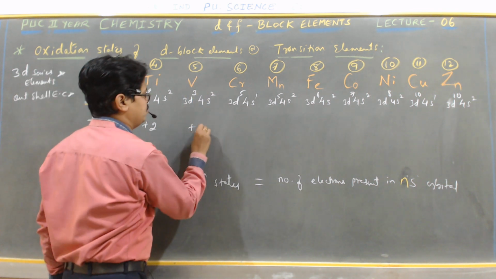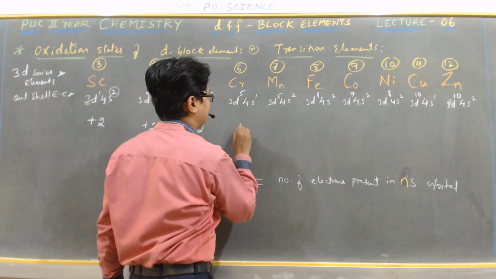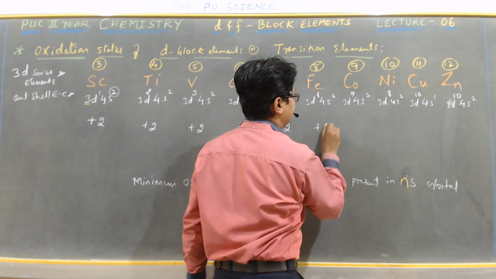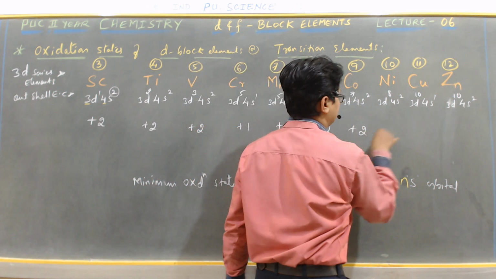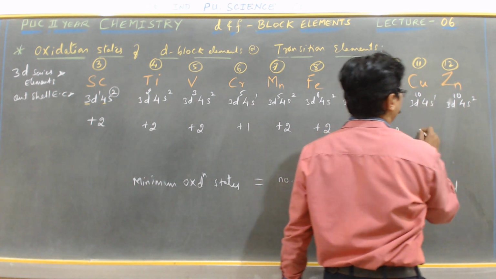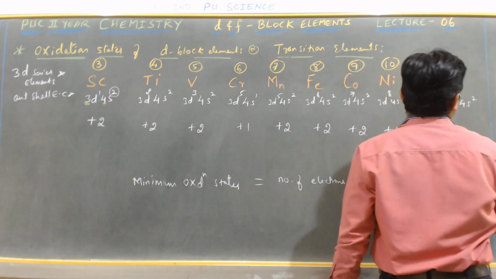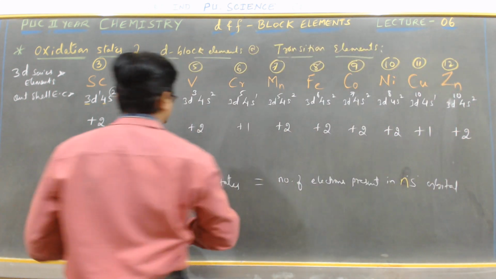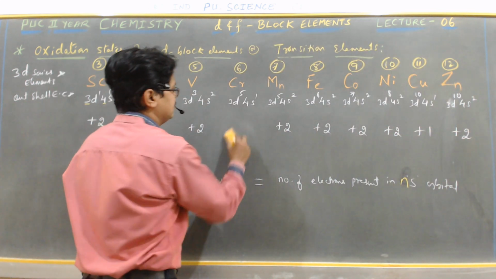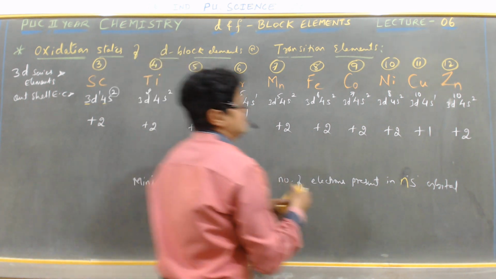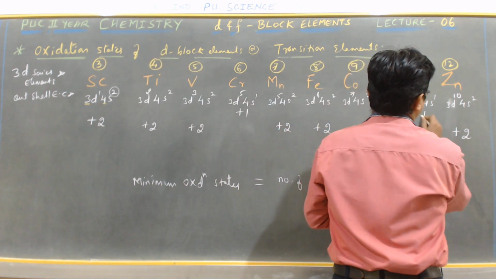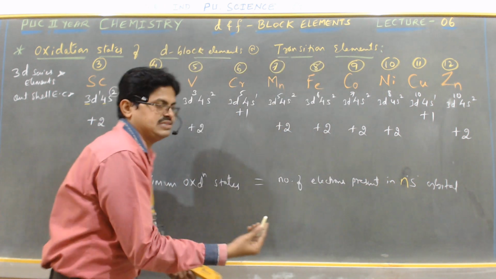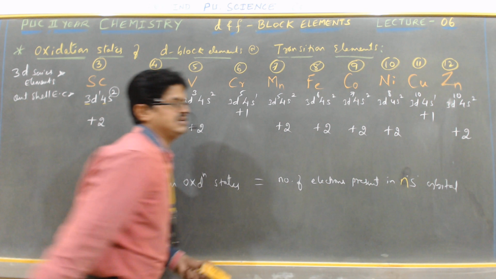For vanadium +2, for chromium +1, for manganese +2, for iron +2, for cobalt +2, for nickel +2, for copper +1, for zinc +2. The minimum oxidation state of these elements is the number of electrons involved in bonding from the s orbital, or simply the number of electrons present in the ns orbital.